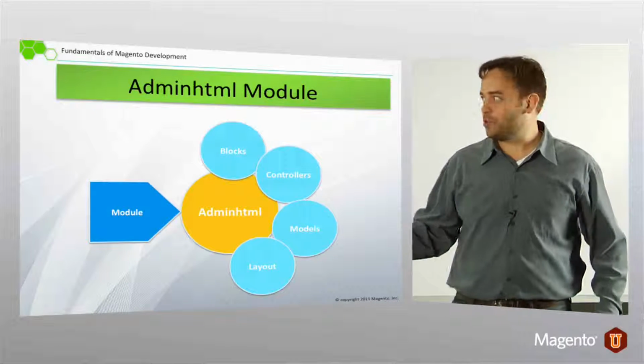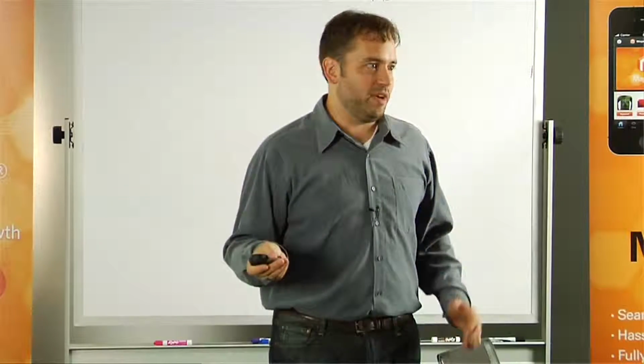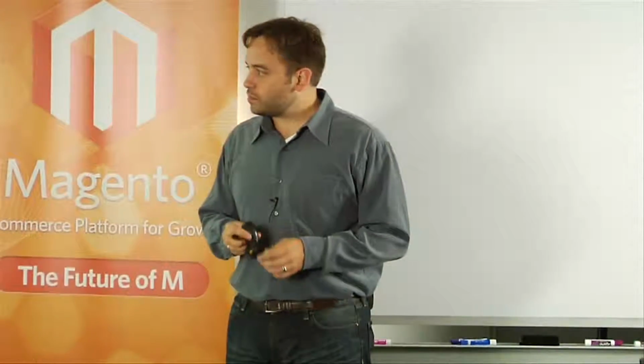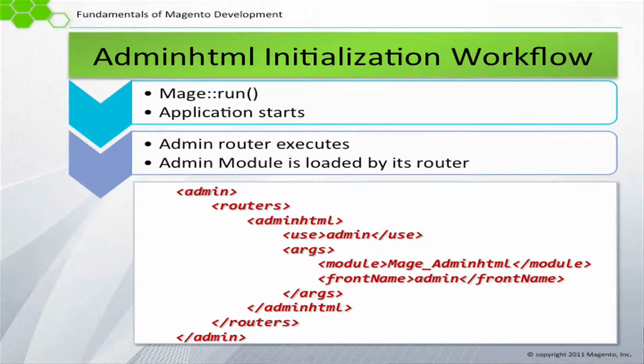So you open up the blocks folder in Adminhtml, and it's like you're looking at the Mage namespace again, because you'll see CMS, catalog, sales, everything. So again, fortunately, we don't have to do that now that we can rewrite things prettily. Moving on from there, Adminhtml, similar to the front end, there is an admin router.